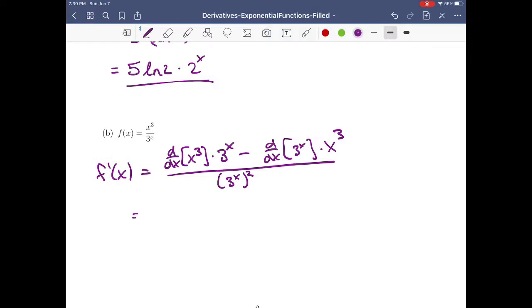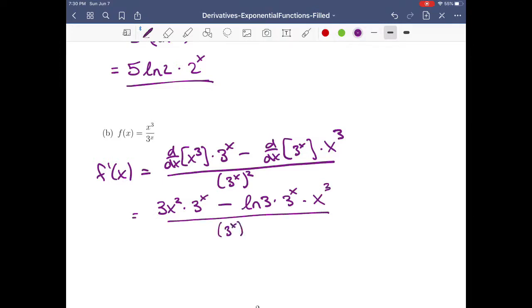The derivative of x cubed, we know how to do this. This is the power rule. So this is going to be 3x squared times 3 to the x. Now the derivative of 3 to the x is ln 3 times 3 to the x. And then that's times x cubed as well. And this is all over, I'm going to leave it as 3 to the x squared, but it's 3 to the 2x if you prefer.